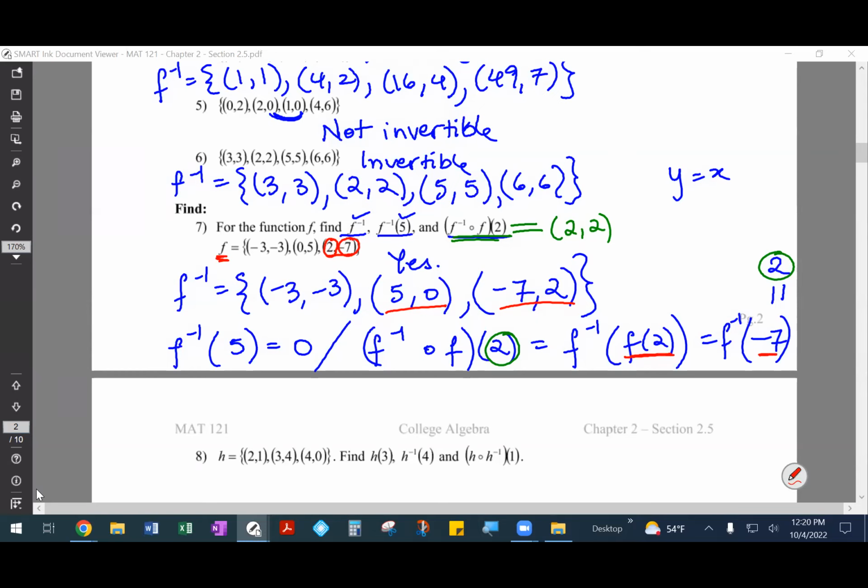But now that we are doing the composition inside the inverse function, this -7 now becomes your X value. So then you go to the inverse function, you find the ordered pair where -7 is your X value, and then you choose its pair, what the Y value is going to be. So the -7 changes positions. In the original function, it's the X value, but then when you put it in the inverse, it becomes the Y value.